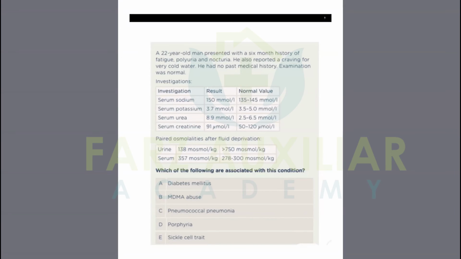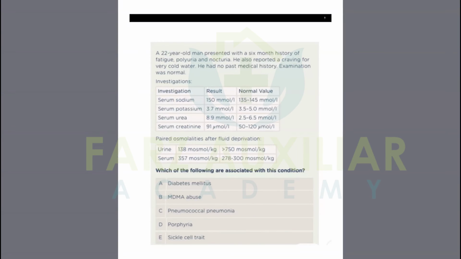22-year-old man presented with a 6-month history of fatigue, polyuria, and nocturia. He also reported a craving for very cold water. He had no past medical history. Examination was normal. Sodium is 150, potassium is 3.7, urea is 8.9, creatinine is 91, paired osmolality after fluid deprivation.